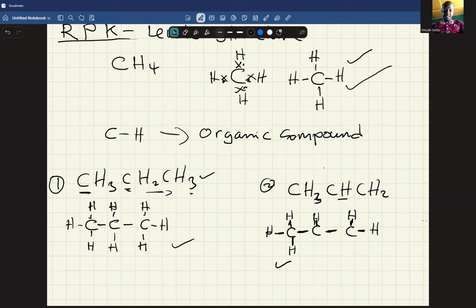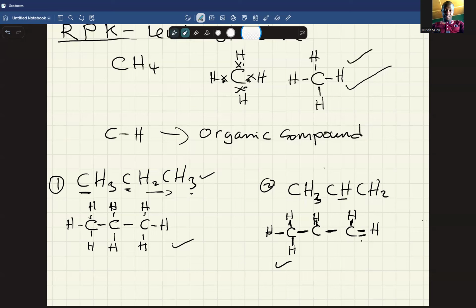So I therefore have to put a bond somewhere in such a way that the 2 C's are going to have 4 bonds. So if I put the bond at the last part here, it's not going to work in the sense that this is going to be okay, but what about this one here is not going to be okay.